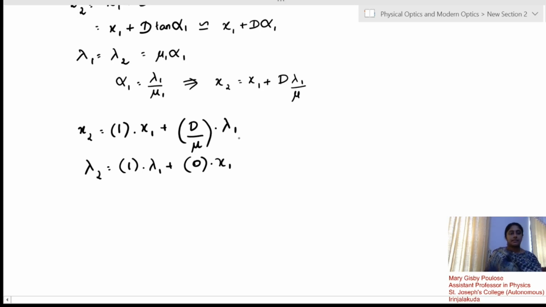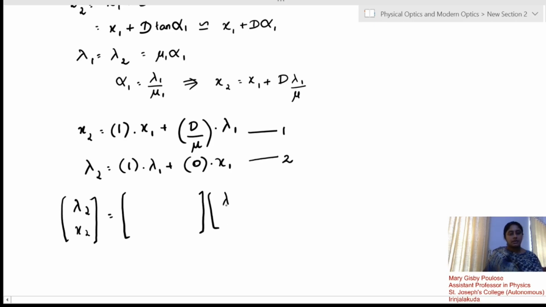Okay, fine. So I have two sets of equations. Let this be equation 1 and this be equation 2. I can use these two equations in the matrix form as lambda 2, x2 is equal to some matrix into lambda 1, x1.